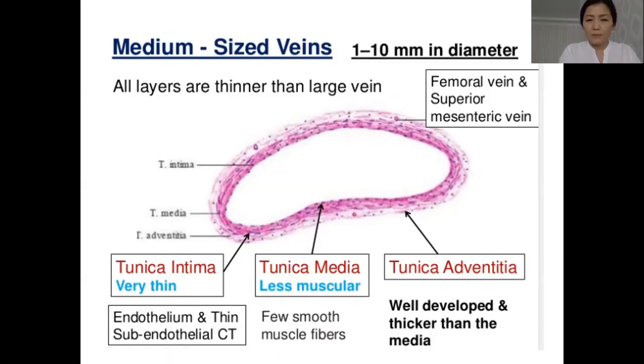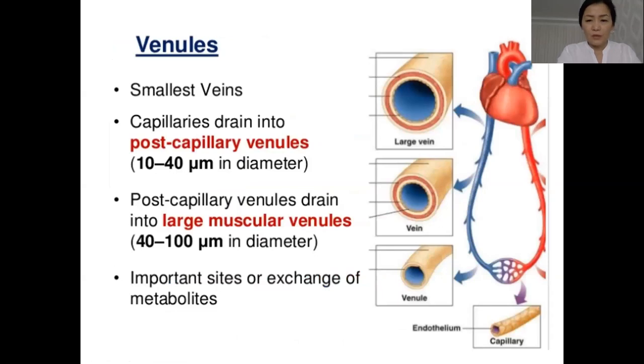Venules are the smallest veins, and the capillaries drain into post-capillary venules. For example, this is a capillary network, and the capillaries drain into post-capillary venules, then post-capillary venules drain into large muscular venules. It means venules can be of two types: post-capillary venules and large muscular venules.